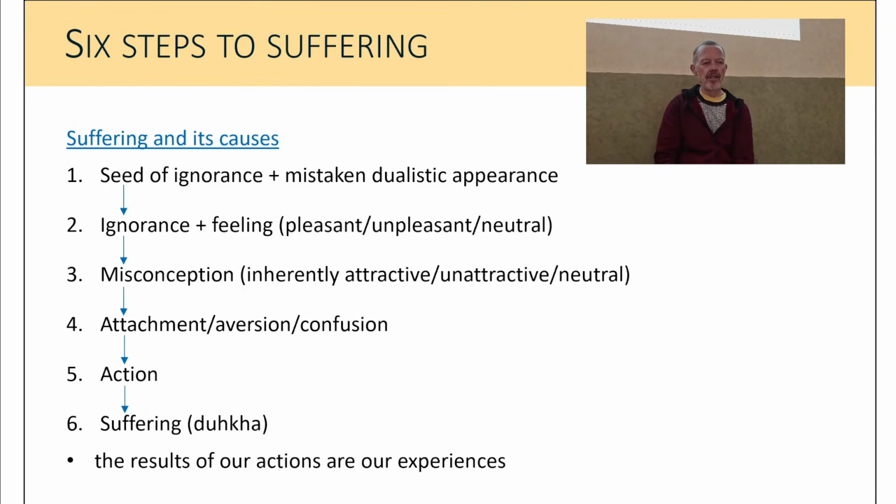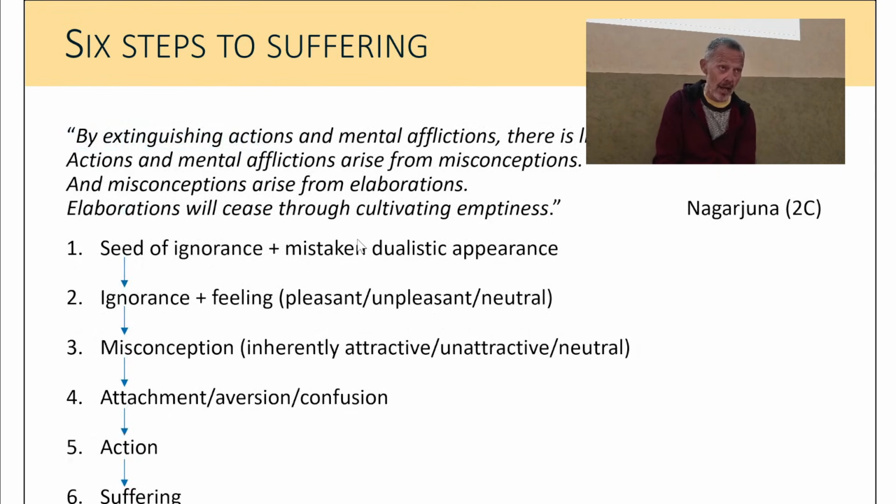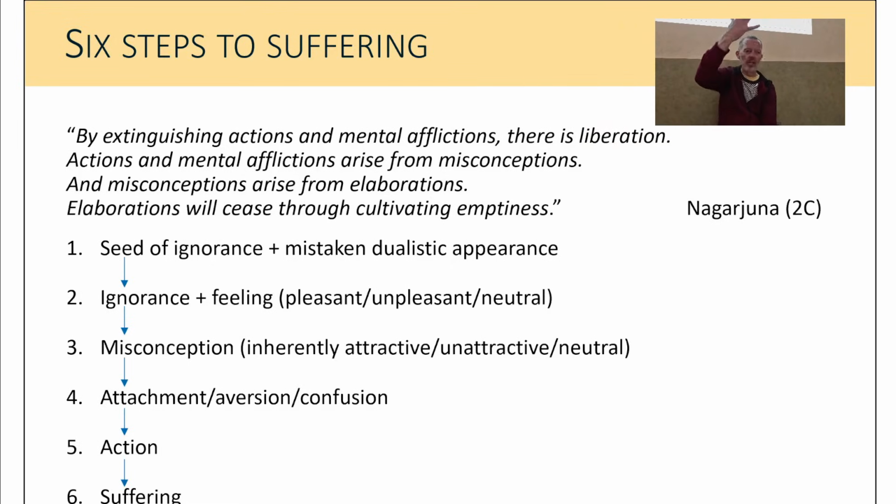And so here, this process is very nicely summarized by a great Indian master, Nagarjuna, from the 2nd century. He said, by extinguishing actions and mental afflictions, there is liberation. So by eliminating the underlying cause, the mental afflictions and actions, we can be liberated from suffering. And then he says, actions and mental afflictions arise from misconceptions, and misconceptions arise from elaborations.